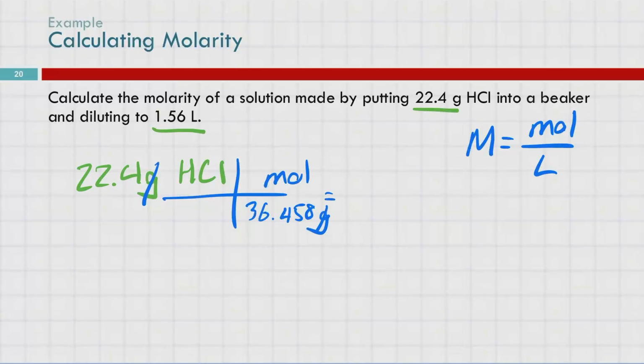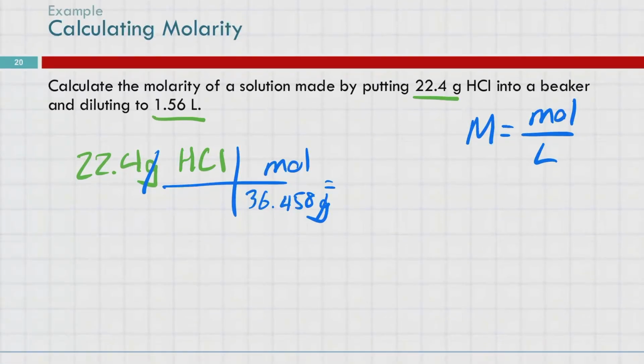Okay, so 22.4 divided by that number, we get 0.6144 dot dot dot moles HCl.